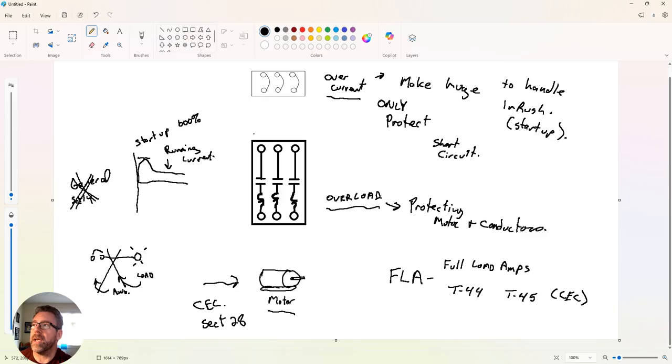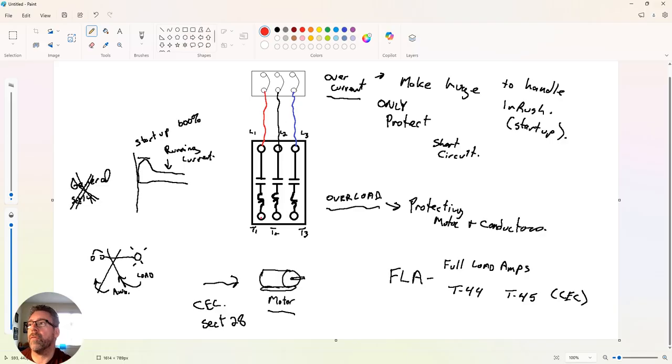The other thing that we want to take a look at is the terminal numbers, because our motor starter essentially is a contactor that has overloads. When we come into our circuits here, we come in with our line conductors into the L terminals, and we come out of those terminals with our T terminals.